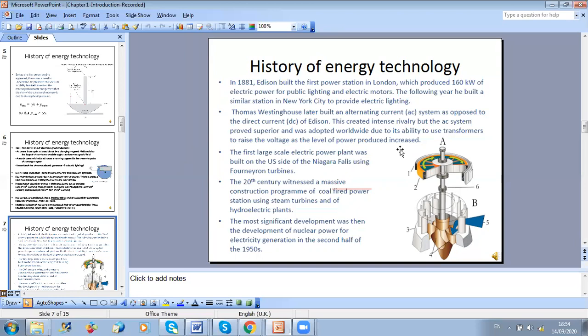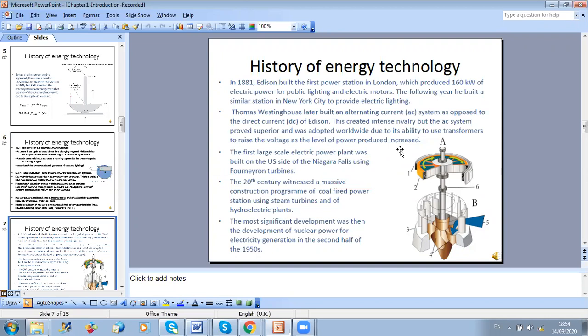So with time, the need for electricity increased. This is why we need a very high power from electricity. The first large-scale electric power plant was built on the US side of the Niagara Falls using Fourneyron turbines. So one of the important applications of Fourneyron turbines is production of electricity.